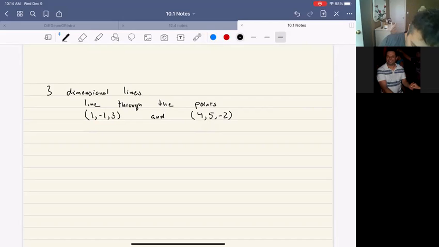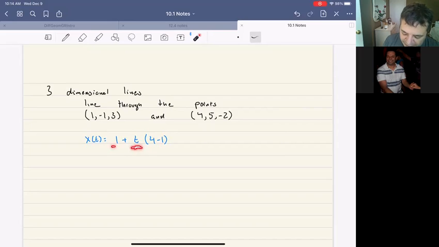So what we're going to do is write this in a little bit of a weird notation, but I don't have to do it yet. x of t starts at 1 plus t times 4 minus 1. So when t equals 0, it's going to be at 1, and when t equals 1, it's going to be at 4.